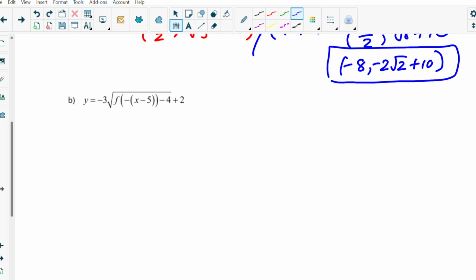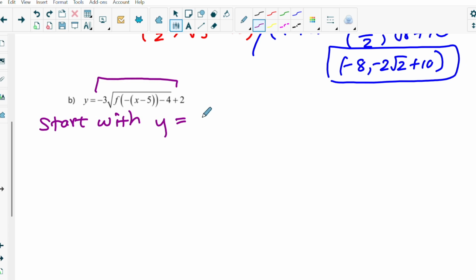Letter B, y equals negative 3 times the square root of f of negative x minus 5 minus 4, all under that same radical, and then plus 2 on the outside. This one's a little tricky, but let's do this. Start with just this part.